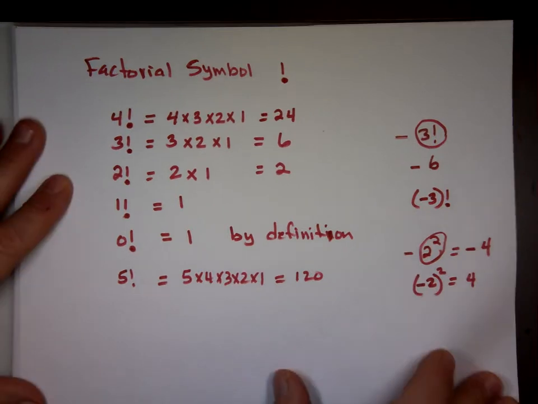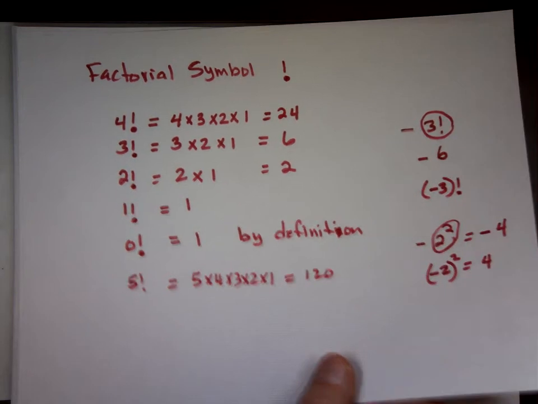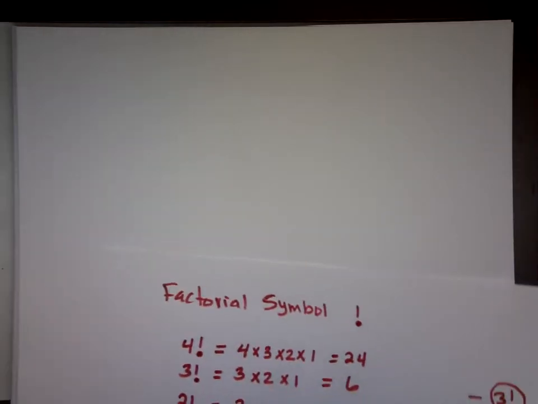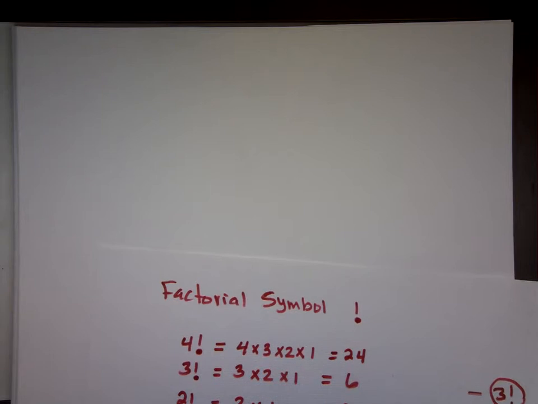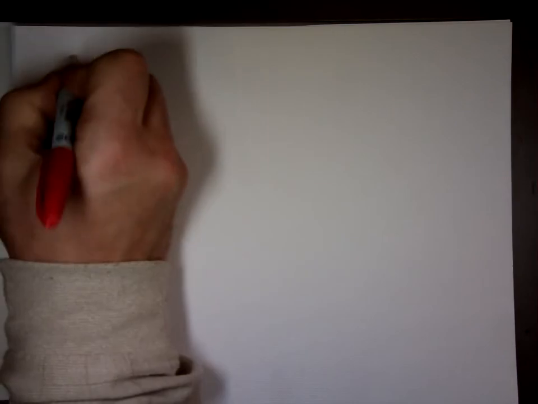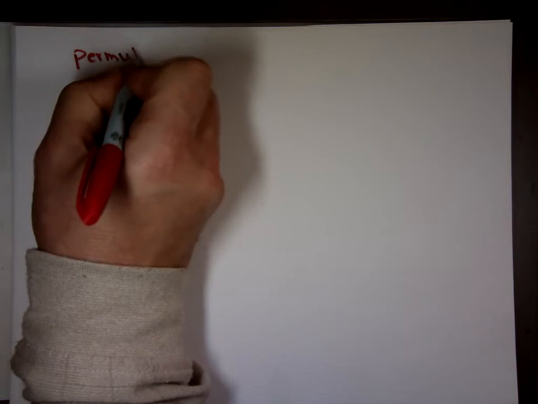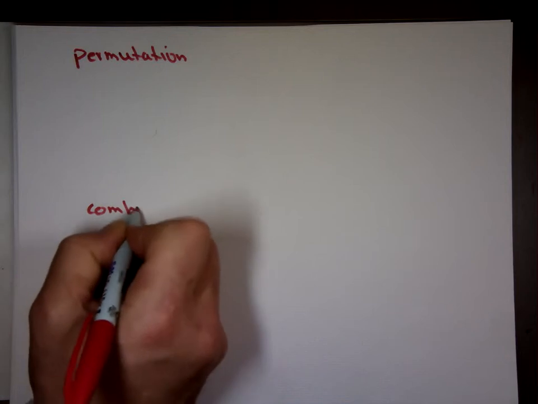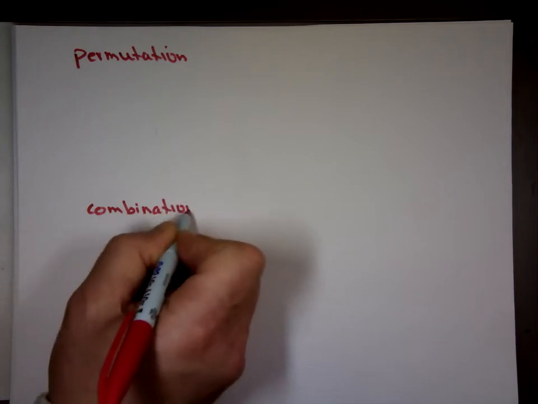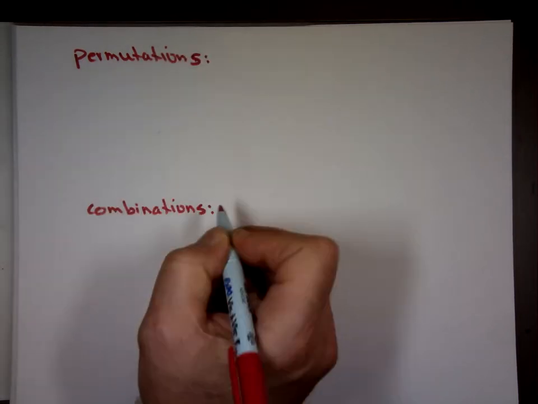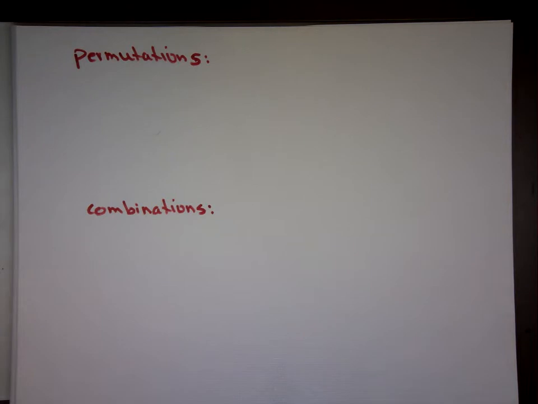Okay, permutations and combinations. Let's talk about 2 words, permutation and combination. I have them on my calculator, NPR and NCR. The other one's combinations. Let me talk about both of them. When do we use each one?